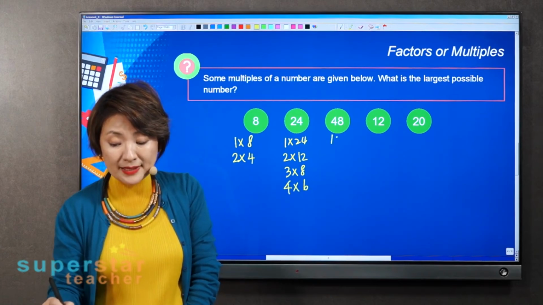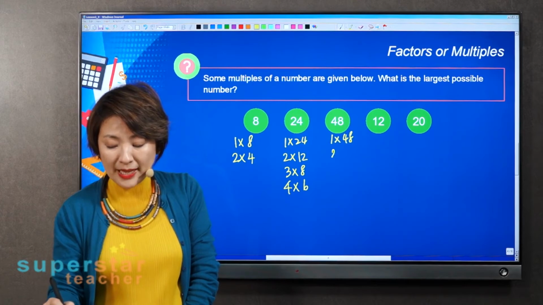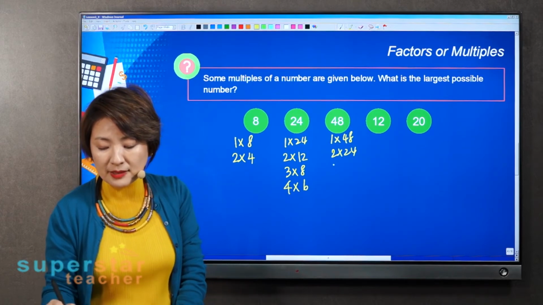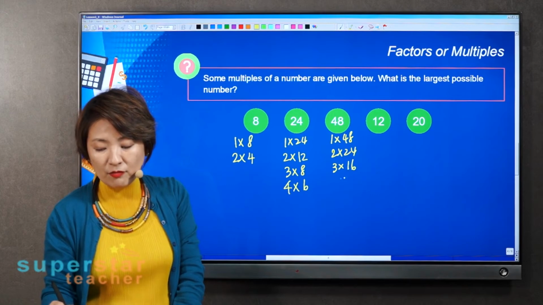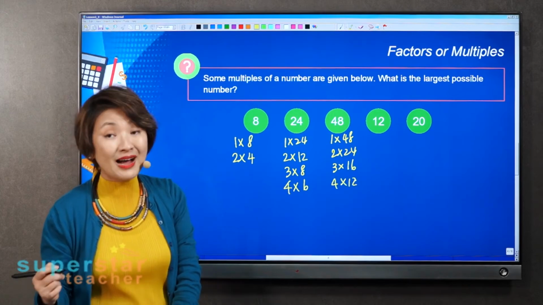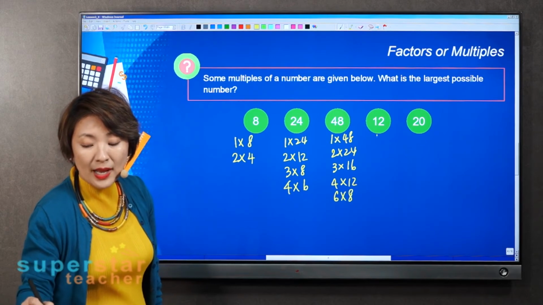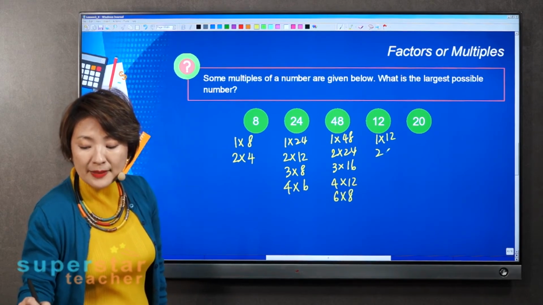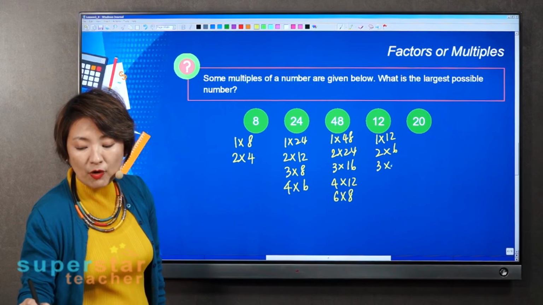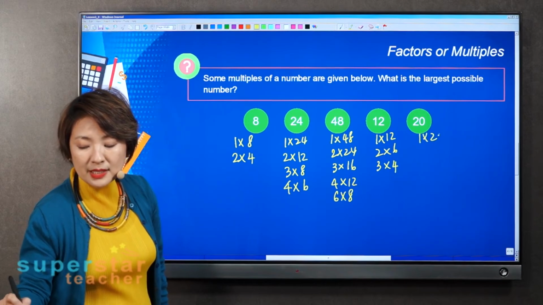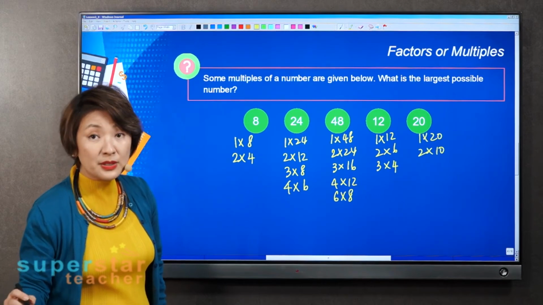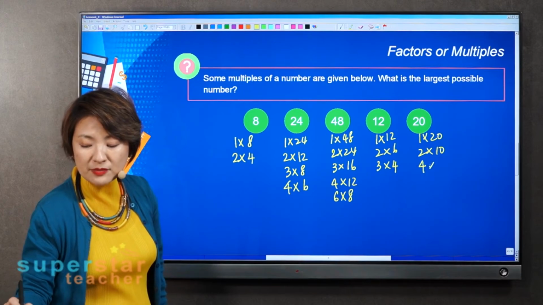Then this one, 1 times 48, 2 times 24, 3 times 16, 4 times 12, 5 not, 6 times 8. This is 1 times 12, 2 times 6, 3 times 4. 1 times 20, 2 times 10, 3 is no go, and 4 times 5.